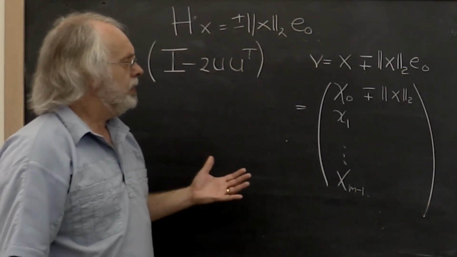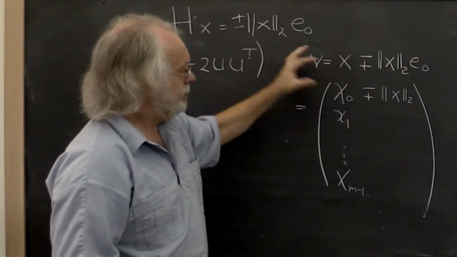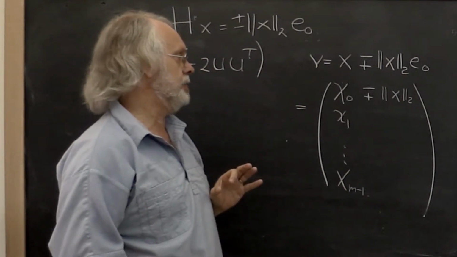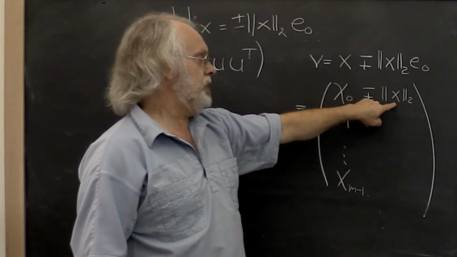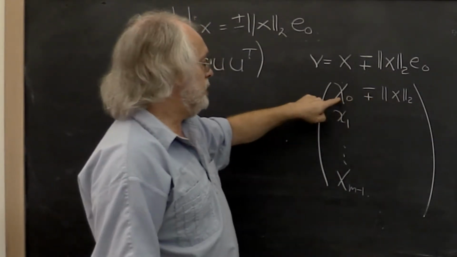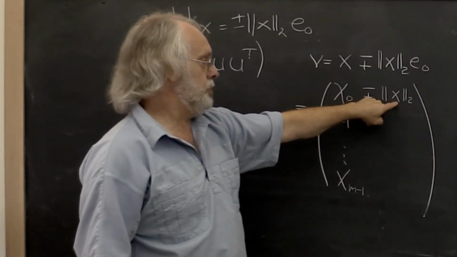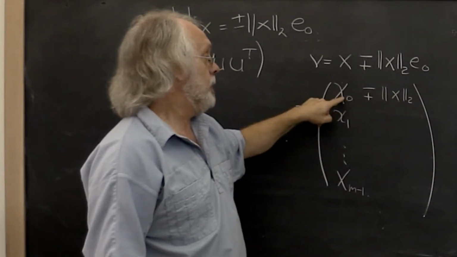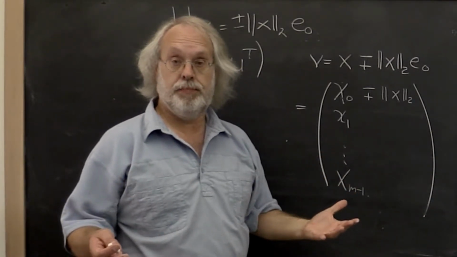Now, if the magnitude of the vector is mostly concentrated in chi0, then the magnitude of chi0 might be almost equal to the 2-norm of x. In particular, if chi0 is approximately equal to the 2-norm of x, then subtracting off the 2-norm of x might create a situation of catastrophic cancellation.